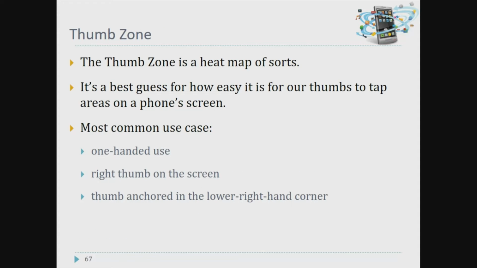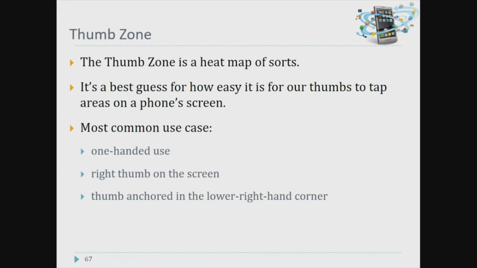Okay, next is thumb zone. The thumb zone is a heat map of sorts, and it is a best guess for how easy it is for our thumb to tap an area on the phone screen.